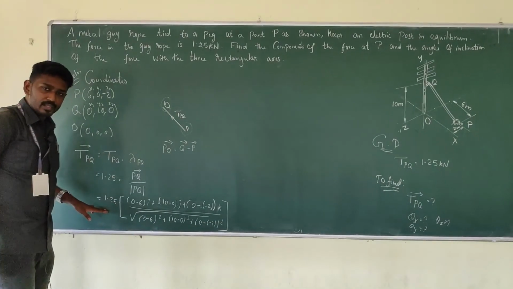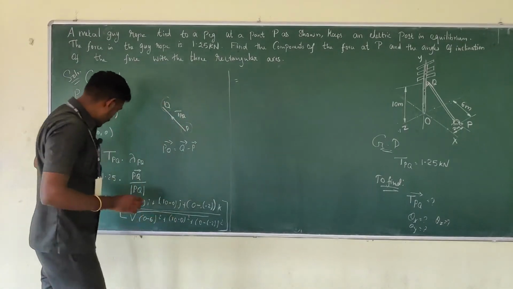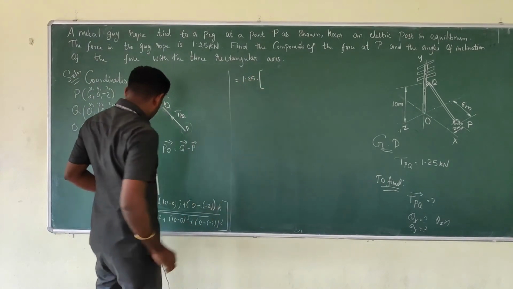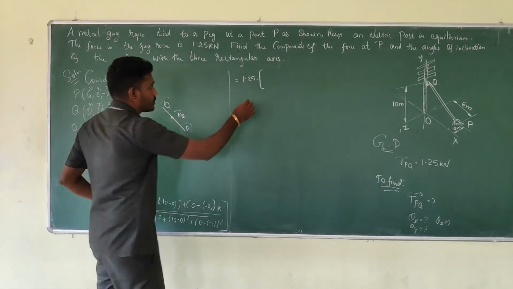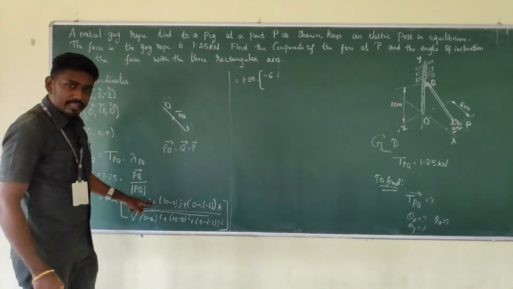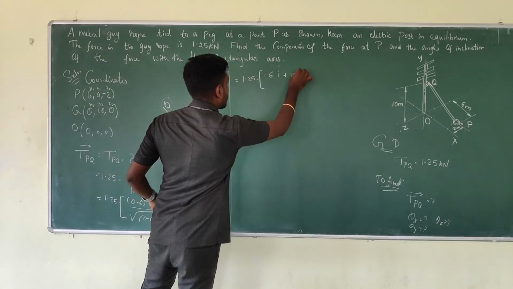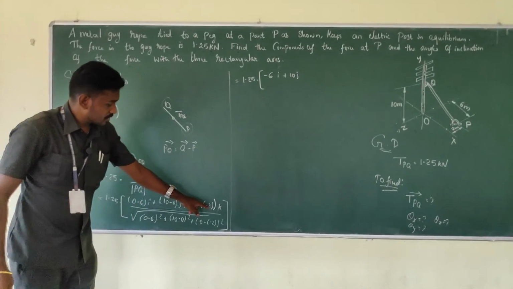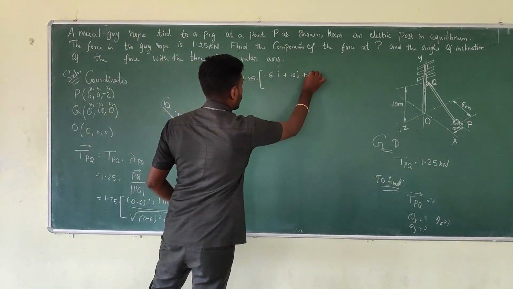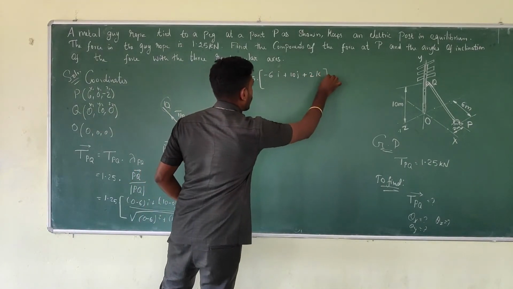Try to simplify these values, so that it will become 1.25 into here 0 minus 6, which is minus 6i, okay, then plus 10 minus 0, so plus 10j, and then 0 minus 2, minus means it will be plus, so positive value plus 2k, okay.